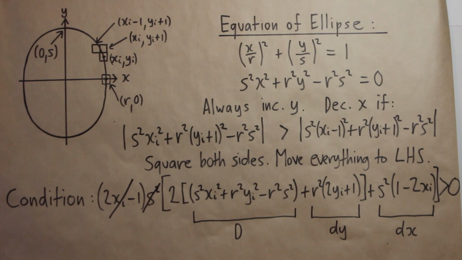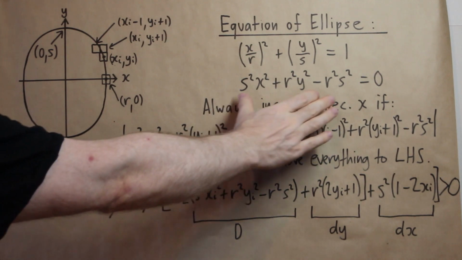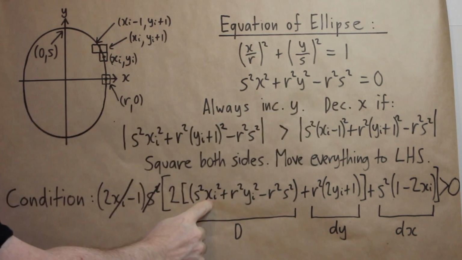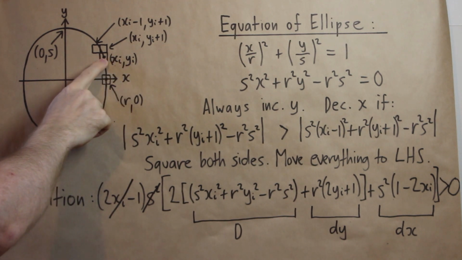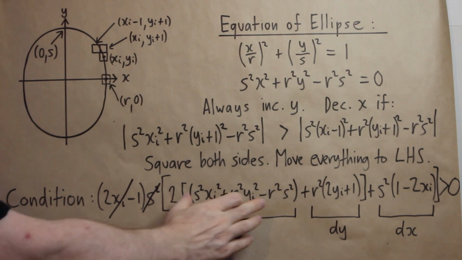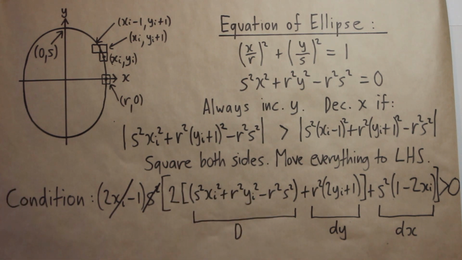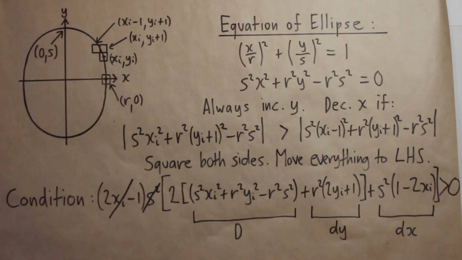Now initially that looks pretty messy, but if you take a look at this portion here, this is exactly this expression with xi, yi plugged in, so the coordinates of the current point. So what we're actually going to do in this algorithm is keep this value, which I've called d, up to date every iteration for the coordinates of the current point, whatever it is that we've just plotted.